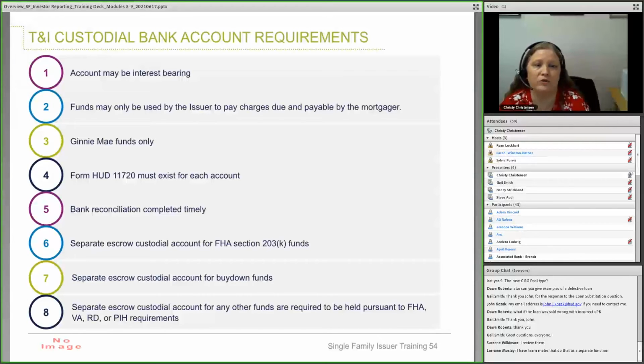Bank account recons completed timely, which is 30 days from the issuer's cutoff date. Must be separate escrow custodial accounts for FHA 203K funds, separate escrow custodial account for buy-down funds, and separate escrow accounts for any funds per FHA, VA, RD, or PIH requirements.